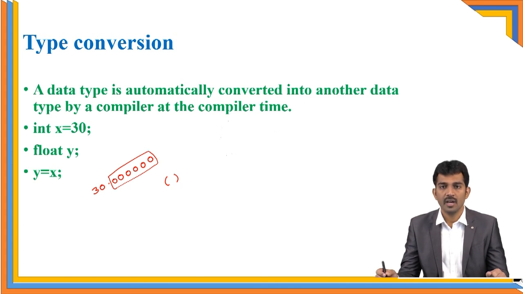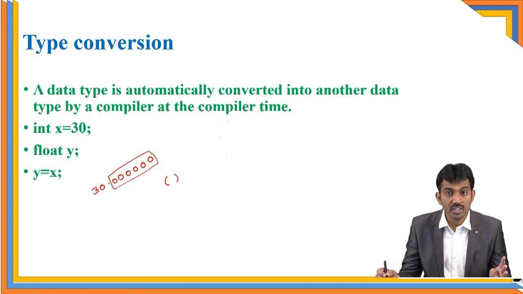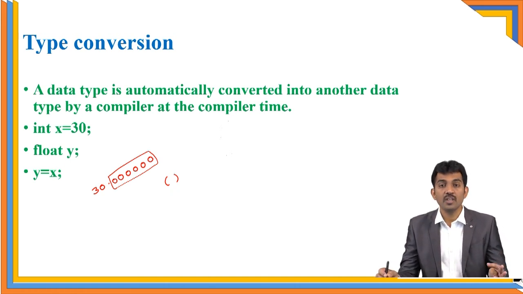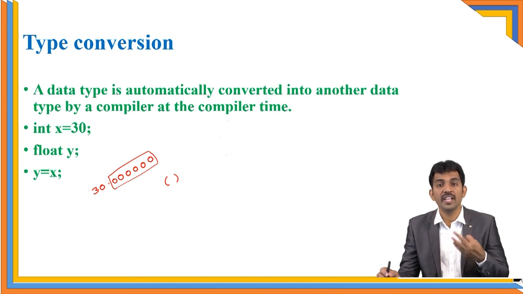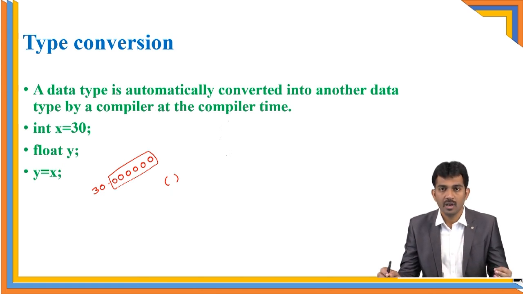Is this clear? In this class we have seen what is the input function, scanf, and what is the output function, printf. We saw how we handle the input data and output to the console using various data types and various format specifiers: %d for integer, %f for float, %c for character, %s for string.